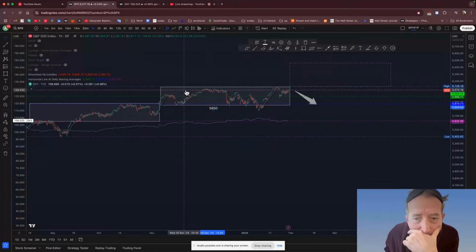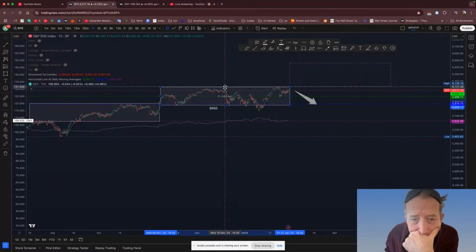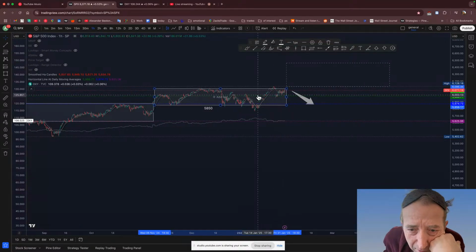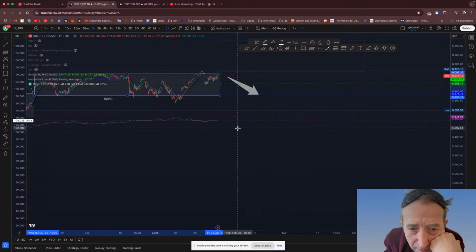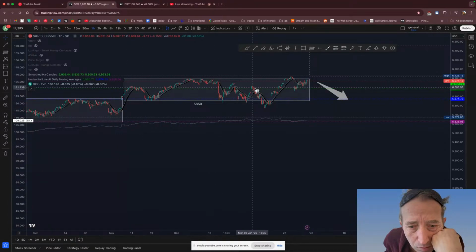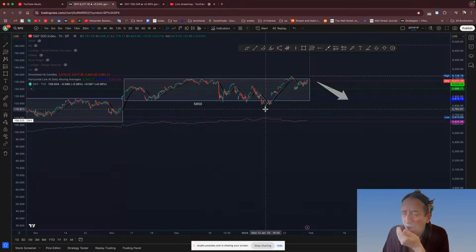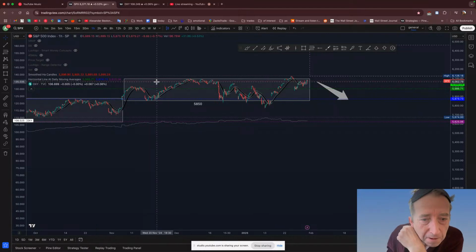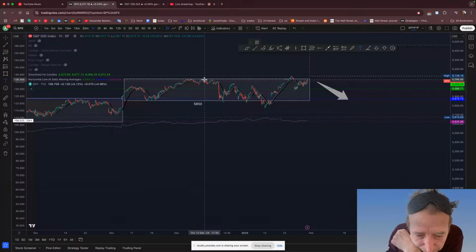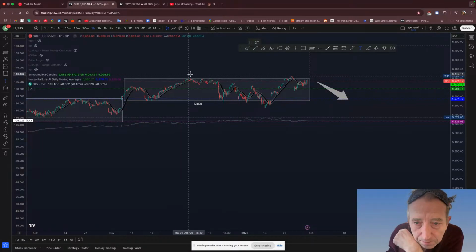And then we have another one, which has been tested several times here. Maybe we can come down a bit. Attempted breakout, which failed. And then this one is sustained for a few weeks.